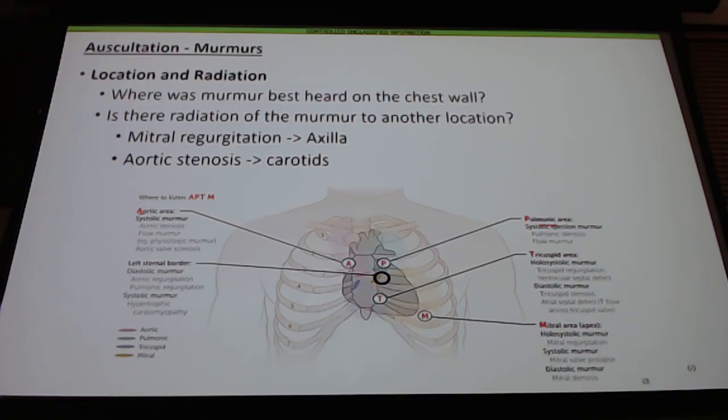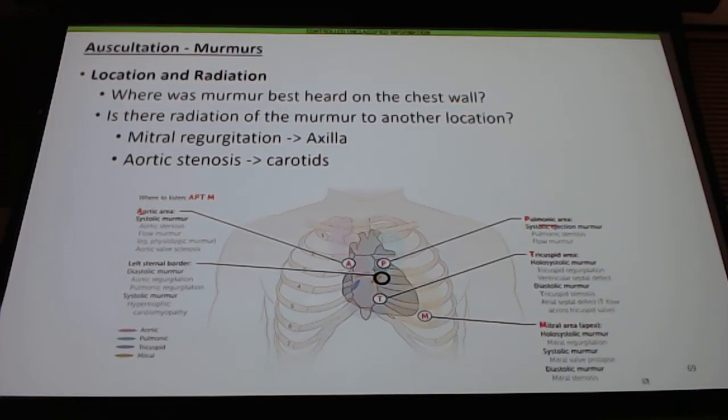And those valves, the aortic and the pulmonic, should be open during systole. So that means I have stenosis murmurs in those areas. So I have an aortic stenosis if I'm listening in the right upper sternal border. I have pulmonic stenosis if I'm listening at the left upper sternal border.